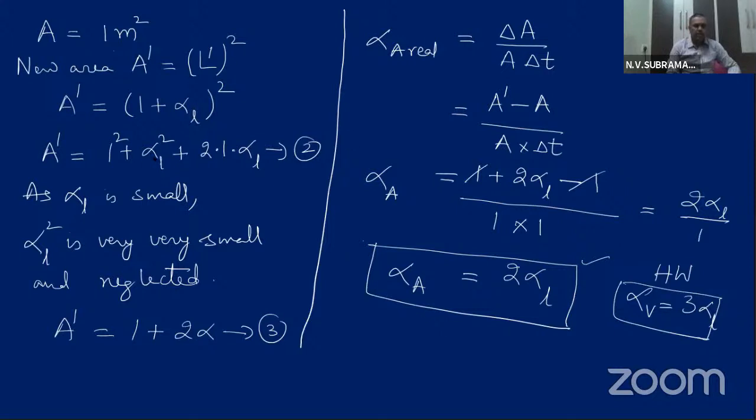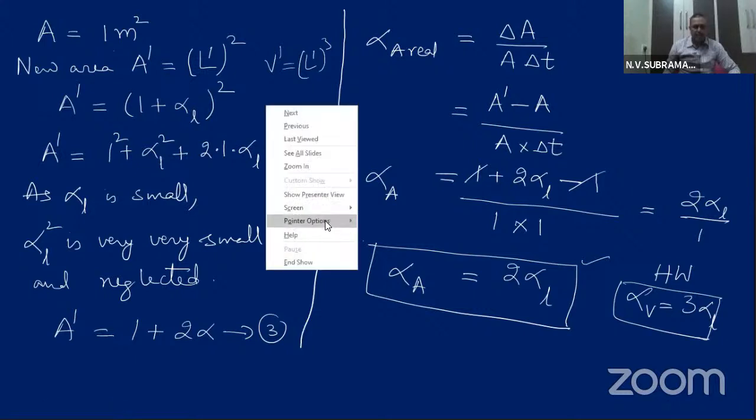Instead of A dash being L dash square, V dash is the original volume, L dash cube. Then you take the cube, children. Instead of a square plate, take the cube and you will get the answer.